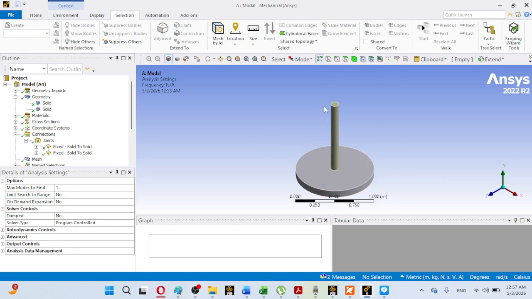And secondly, this rigid disc was used as an extruded model or solid body, and this shaft was used as a line body.